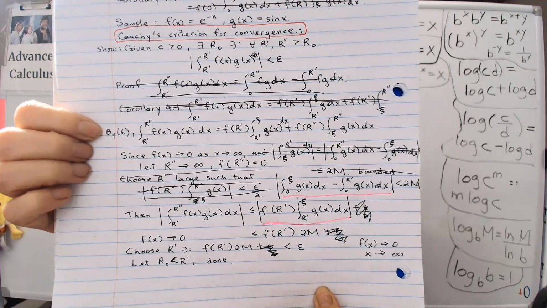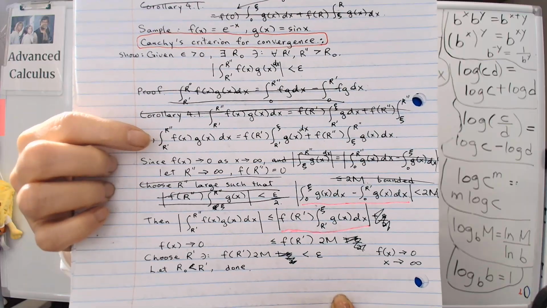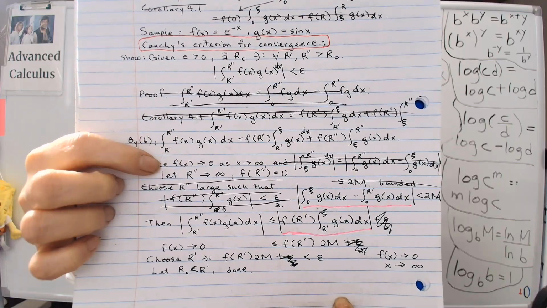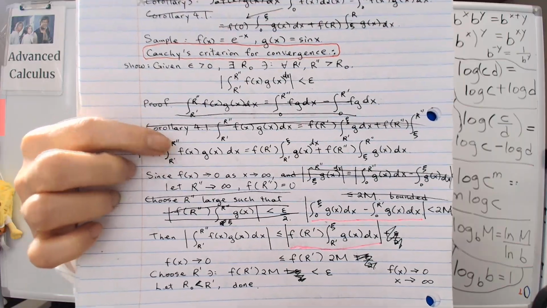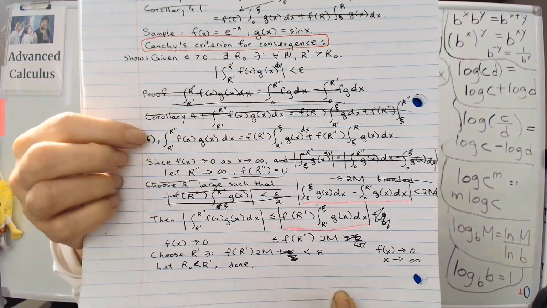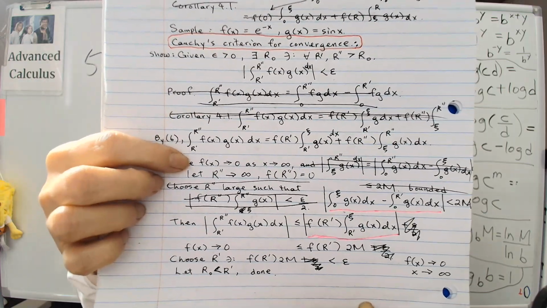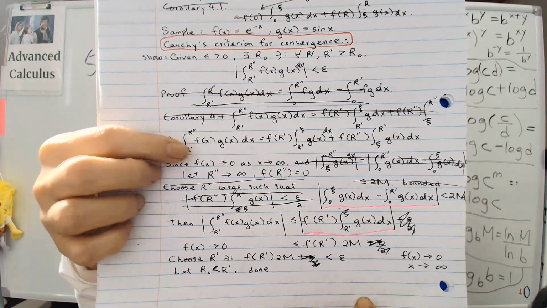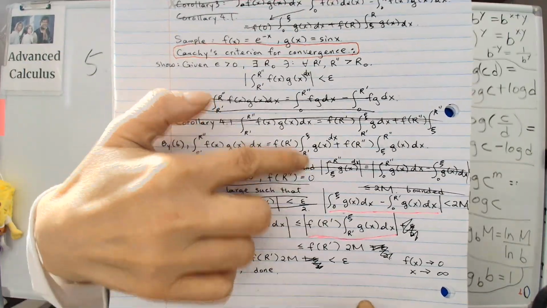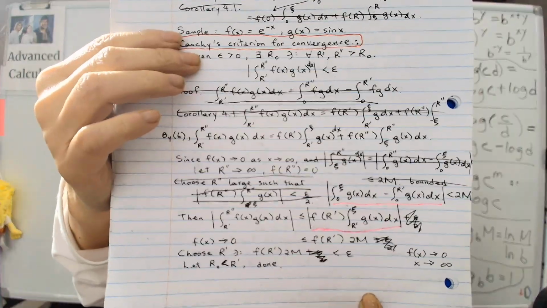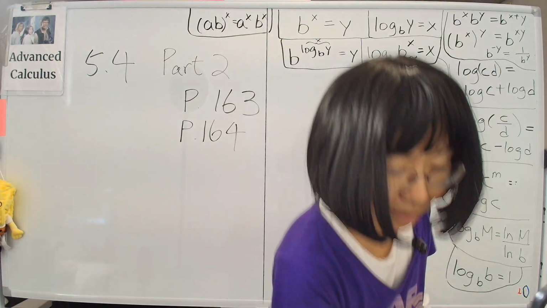By equation 6, we'll look at that in a moment, we can write this thing that we're looking for. That's what we're shooting for, right? From R prime to R double prime of f(x)g(x), we need to work with this and limit it. By the mean value theorem, equation 6, it equals f(a) times the integral, and then f(b) times the integral. And so let's go back to look at equation 6.